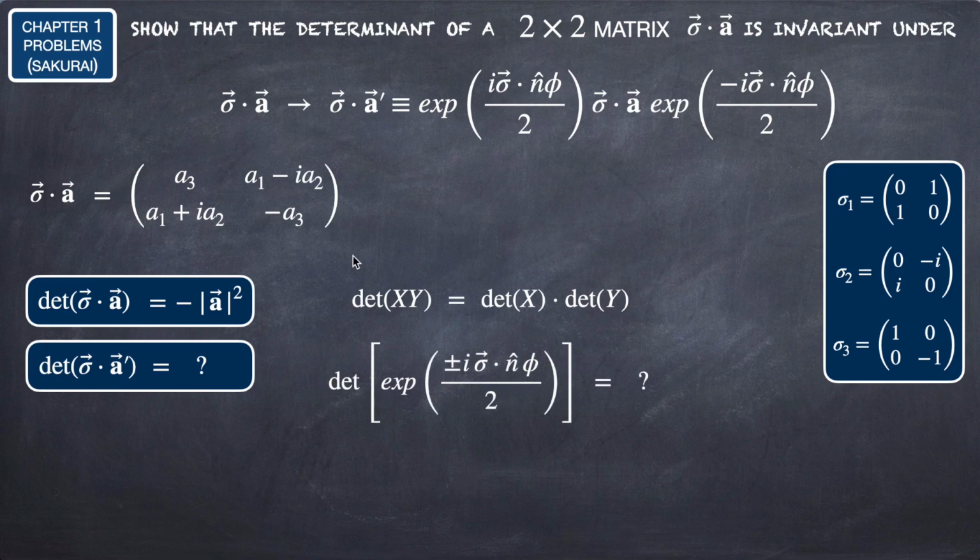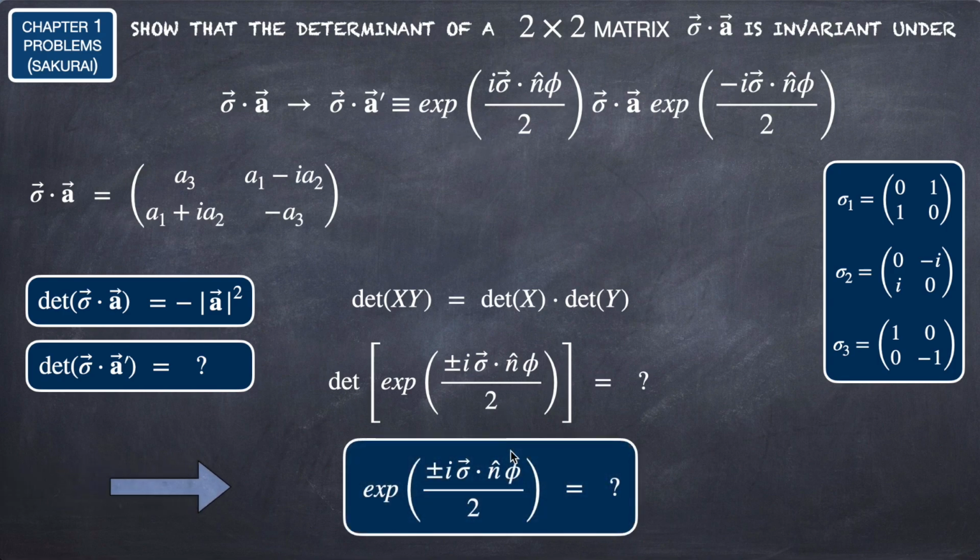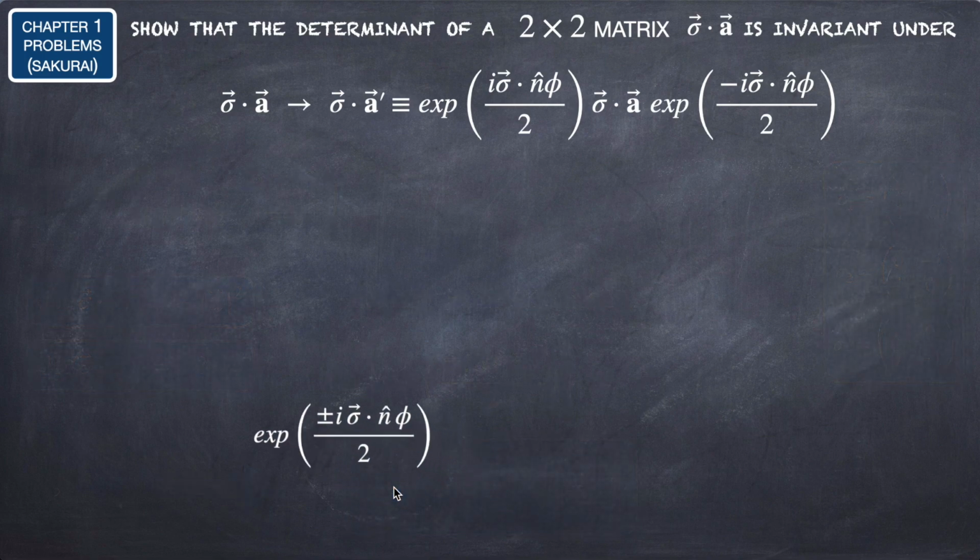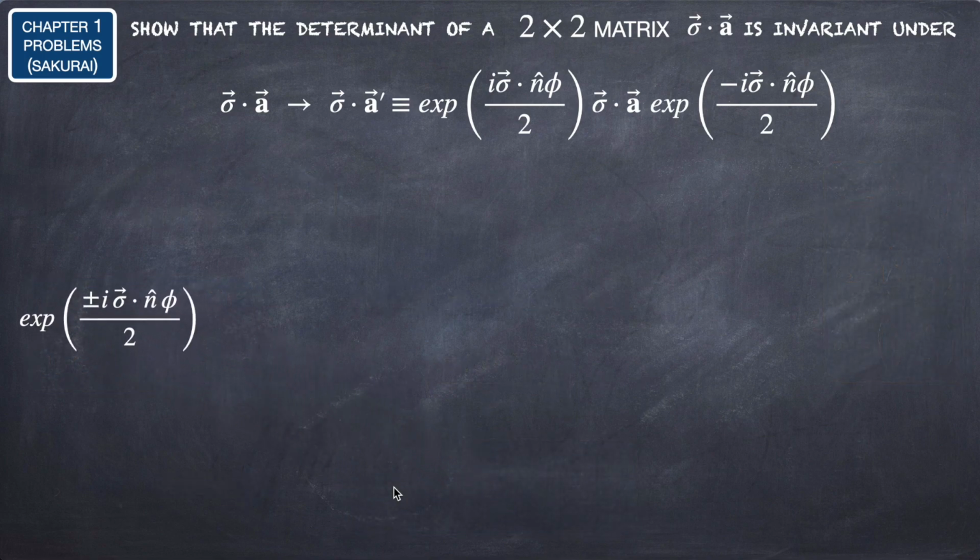Then the determinant of this sigma·A prime will be the determinant of this term, the determinant of sigma·A, and the determinant of this exponential here. At the end, we need to find what is the determinant of this exponential with positive and negative of this argument. And if we need to calculate the determinant of this matrix, let's find what is this matrix.